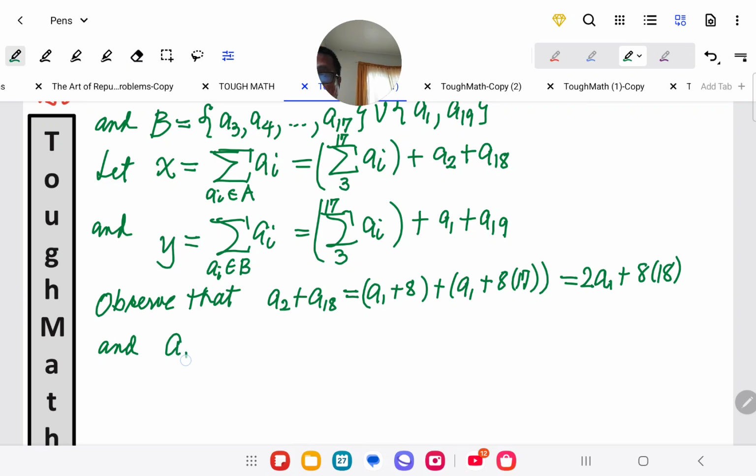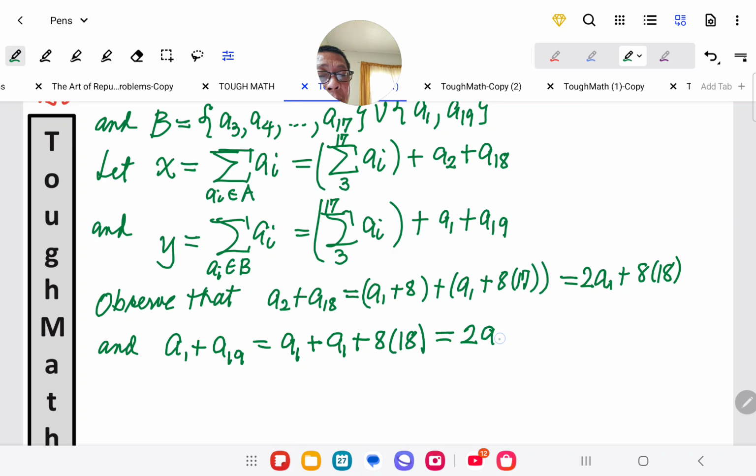A sub 1 plus A sub 19 is equal to A sub 1 plus A sub 1 plus 8 times 18, since 19 minus 1 is 18. So we also have 2 times A sub 1 plus 8 times 18.